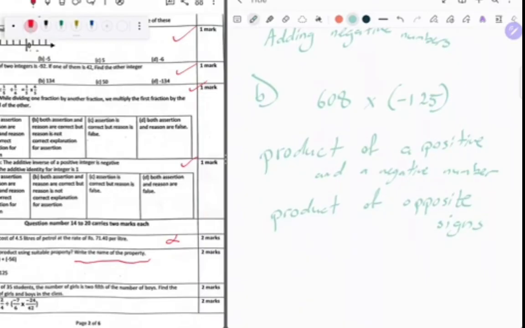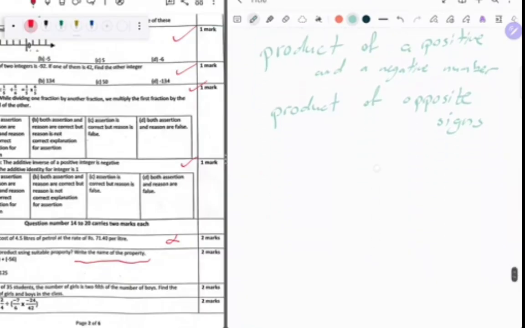Let's go. Next, last one. It's gonna be here. 15, 16. 16, we already explained 16. No, we didn't explain 16. So 16 is here. In a class of 35 students.